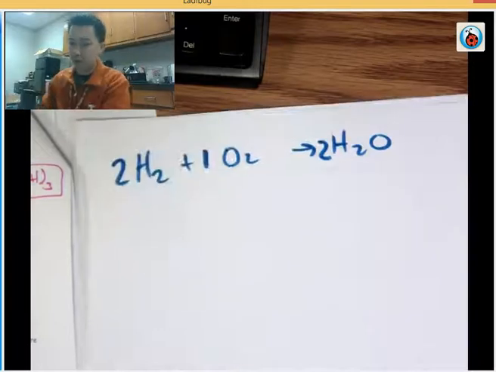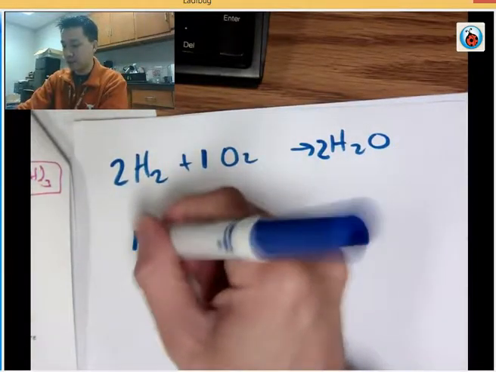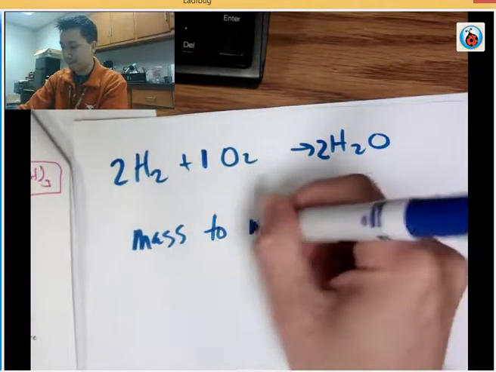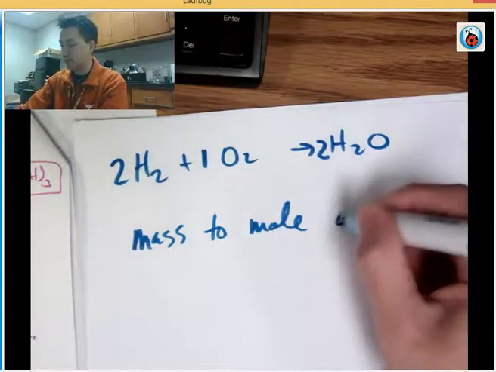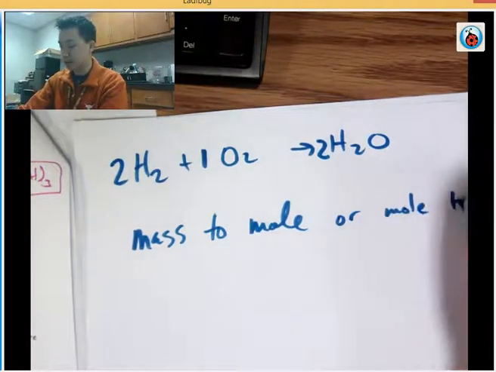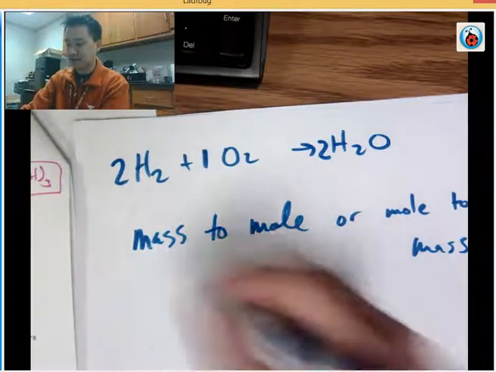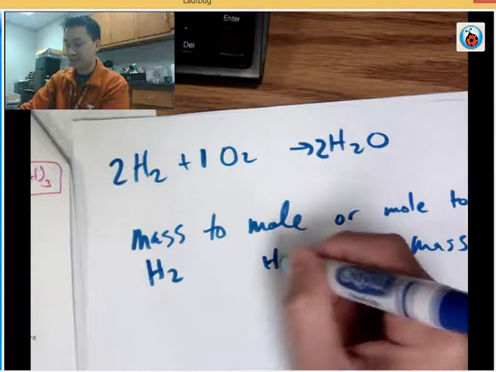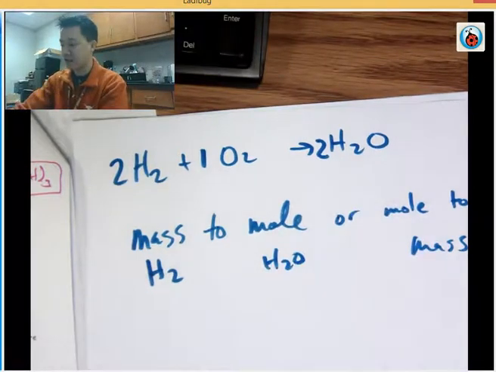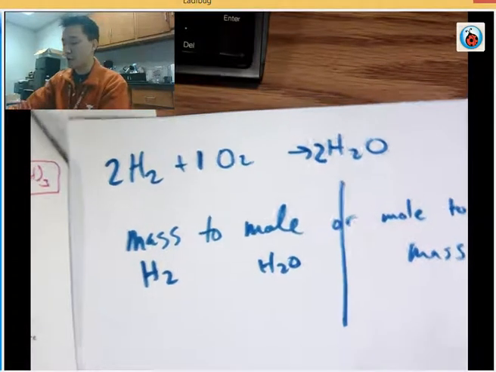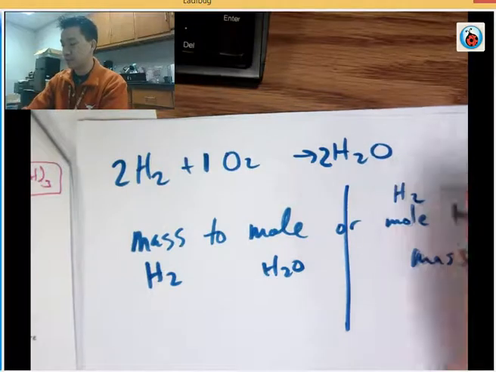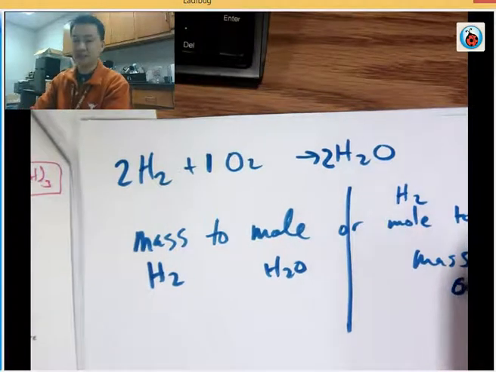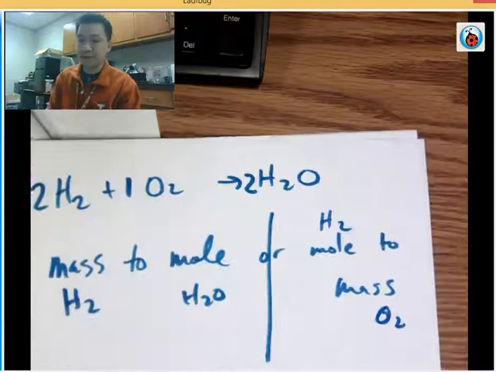Okay, today we're going to go over something we call mass to mole, or mole to mass. That means mass of a substance, like mass of H2, and we're going to go to moles of H2O. We're going to see the relationship between that, or moles of H2, we want to go to mass of O2. We want to see how much of that we need.